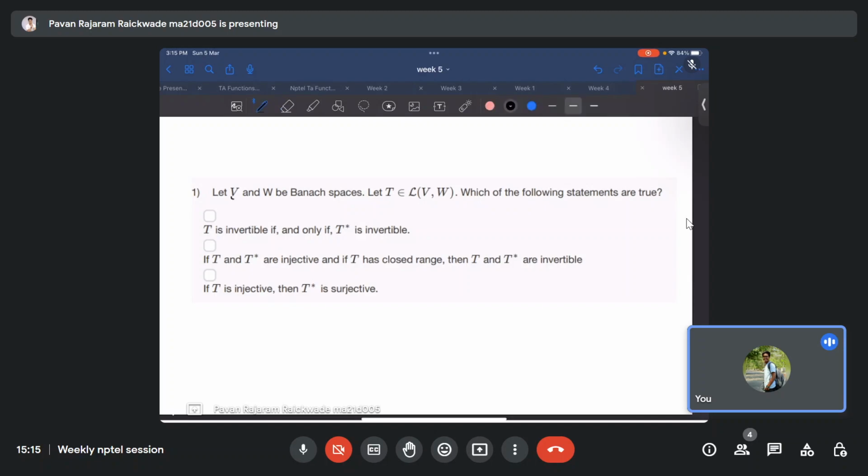But since both V and W are Banach spaces, it is enough to show that the operators are bijective, because the bounded inverse theorem guarantees that the inverse is also continuous.